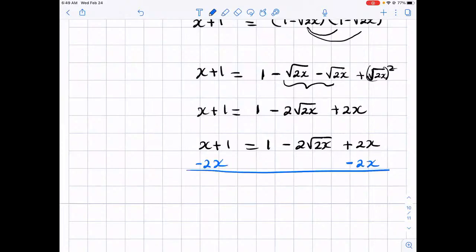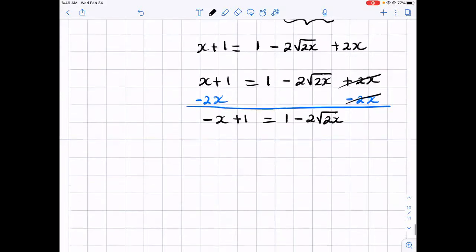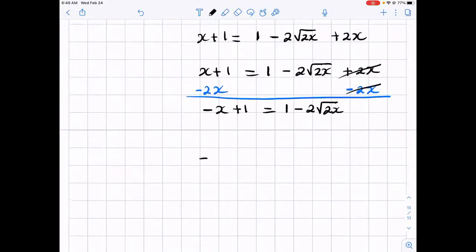And if we do this, we have x minus 2x becomes minus x plus 1. And that is equal to 1 minus 2, the root of 2x. The plus 2x and the minus 2x cancel out. So we have minus x plus 1.